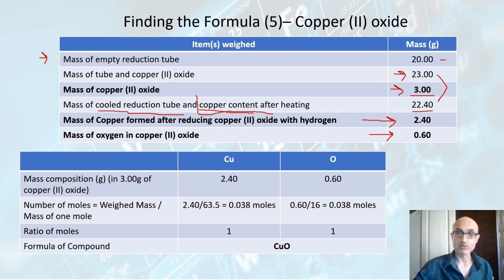Notice that we now know quantitatively the mass of copper in the copper 2 oxide and also the mass of oxygen in the copper 2 oxide sample, and I have listed them again over here in this table to further clarify. As we did with magnesium oxide, in order to calculate the correct formula, we need to convert mass into moles.